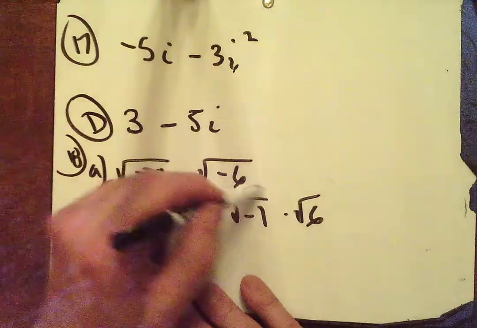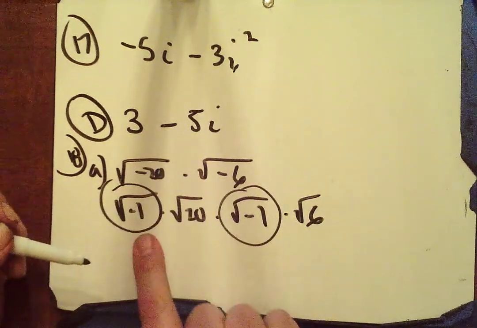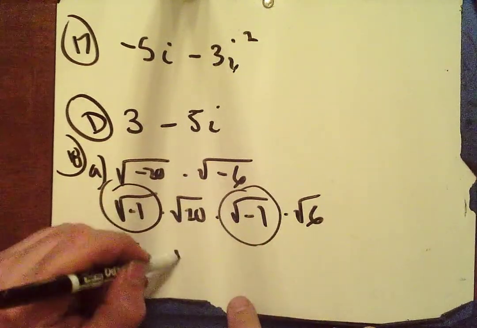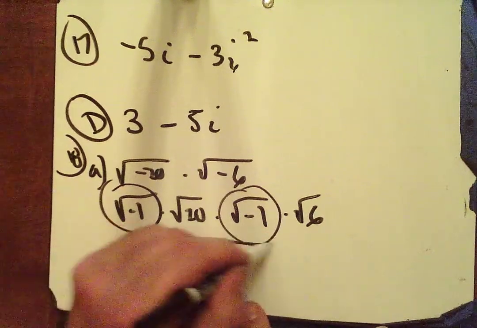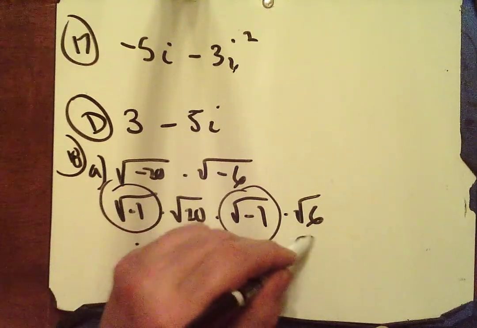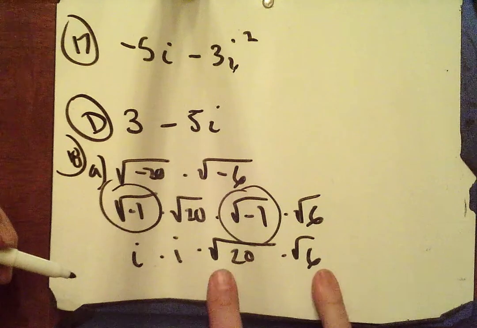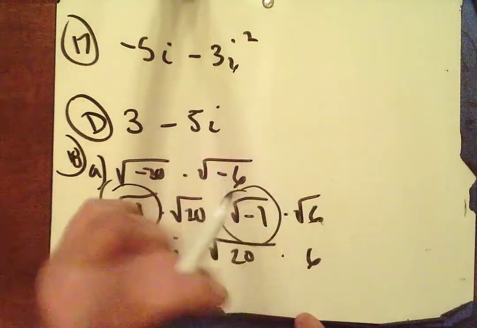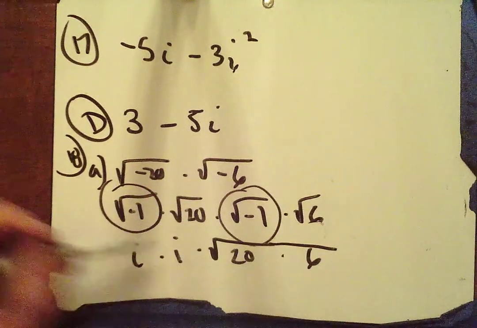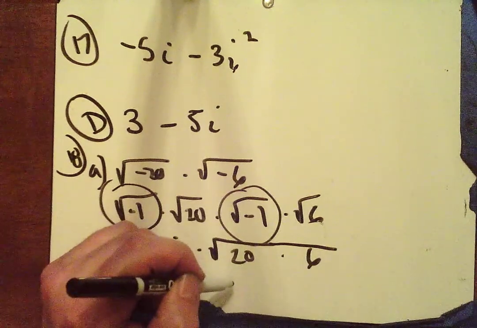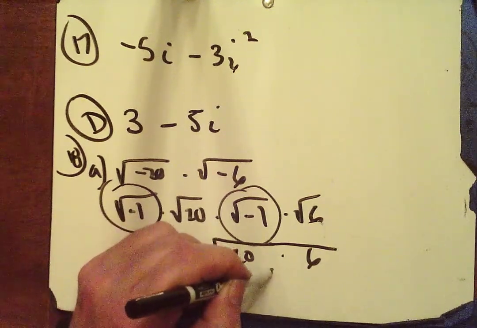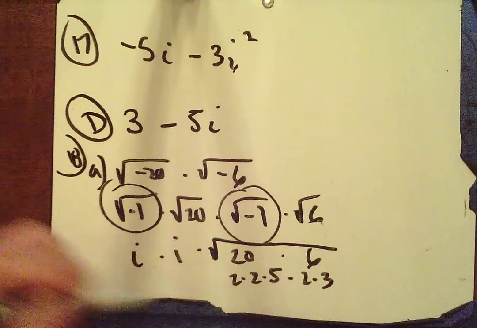And we know these square roots of negative 1 are called i. So I've got an i times another i times root 20 times root 6. We can actually combine these into one radical. But we'll probably want to simplify that. That's 2 times 5 times 2 times 3.